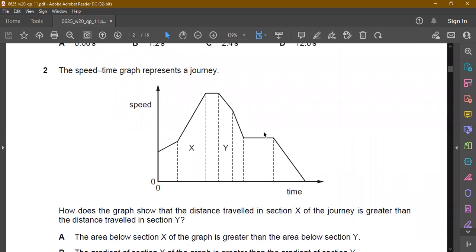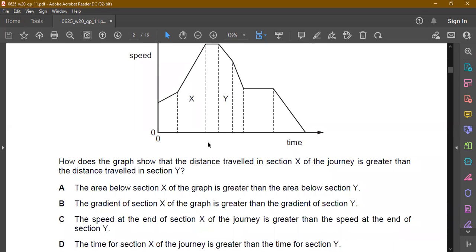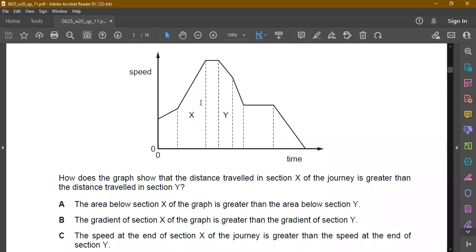This is about a graph. The speed-time graph represents a journey. How does the graph show that the distance traveled in section X of the journey is greater than the distance traveled in section Y? Here the graph shows us speed versus time. The area under the graph represents the distance traveled.